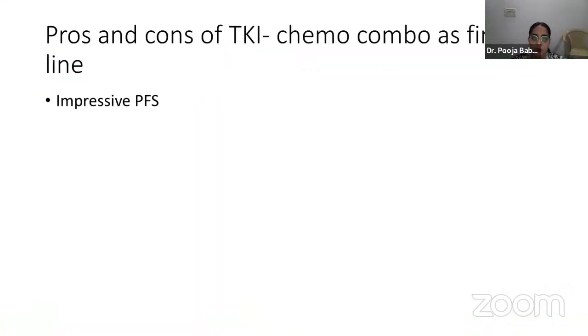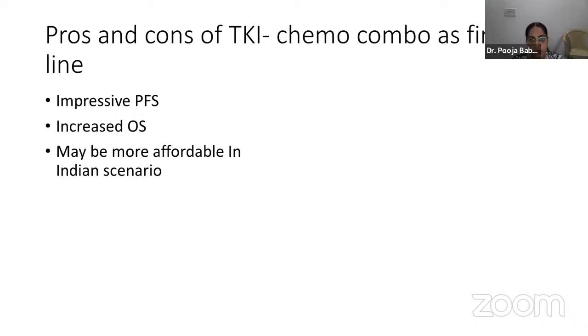Now, what are the pros and what are the cons of the combination? Definitely an impressive progression-free survival, close to third generation TKI, increased overall survival as we have seen in the Japanese trial, 51 months versus 38 months, and maybe more affordable in our Indian scenario.